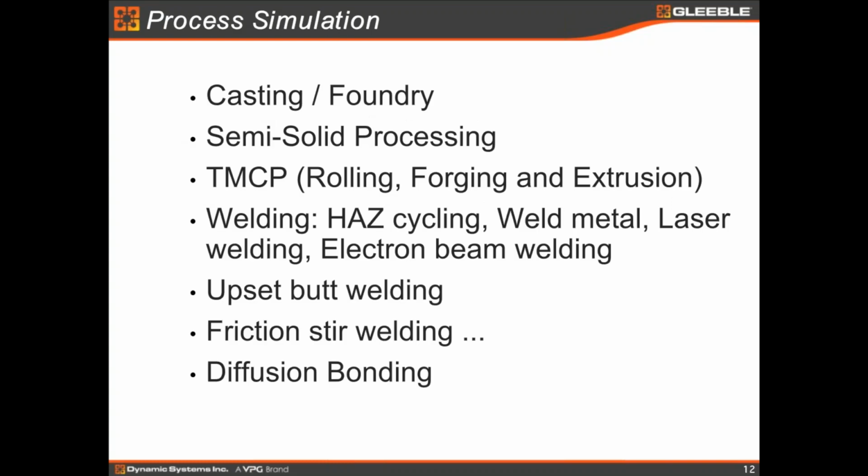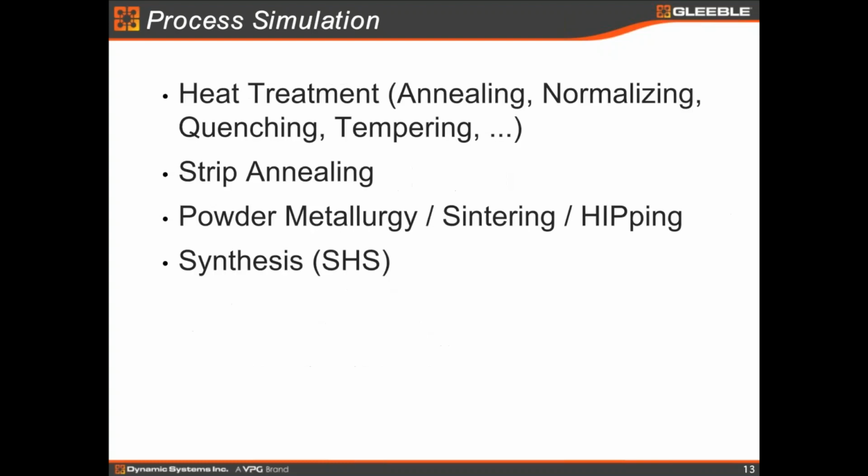And the process simulation, as I just mentioned, we can do everything from casting downstream, including semi-solid processing, TMCP, welding, as I said, upset butt welding, friction stir welding, and friction welding, diffusion bonding, any kind of heat treatment, because we can heat at 10,000 C per second, and then we can cool at 10,000 degrees per second too, with such a wide range.